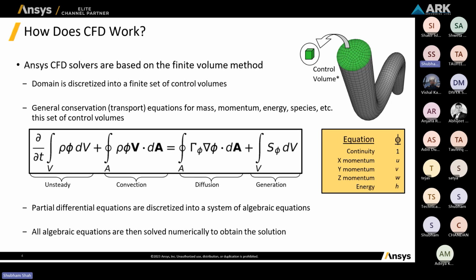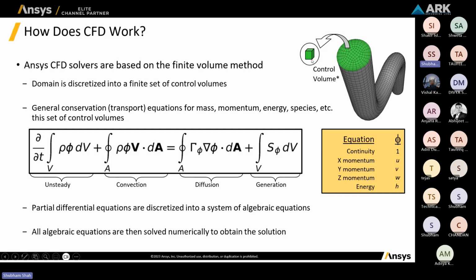Then we discretize the domain into small finite volume control volumes. On the right-hand side, you can see the geometry of pipes, with grids drawn along it. This is nothing but the domain discretized into small control volumes, highlighted here in a cubical manner.